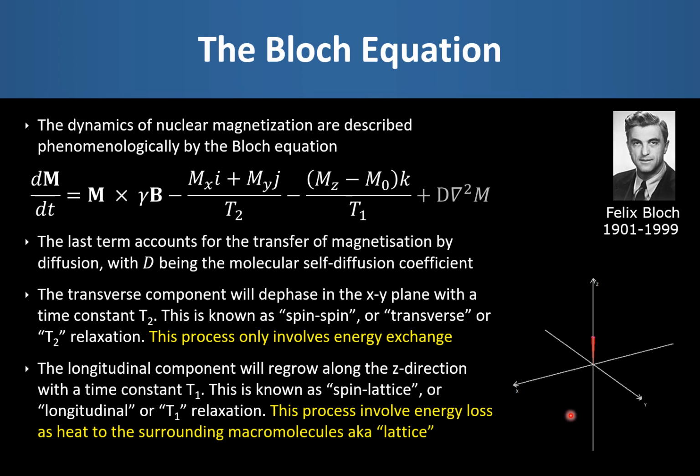The animation shows the net magnetization being tipped into the transverse plane, followed by dephasing of that transverse magnetization and recovery of the longitudinal magnetization. Note that the longitudinal recovery is much longer than the transverse decay.